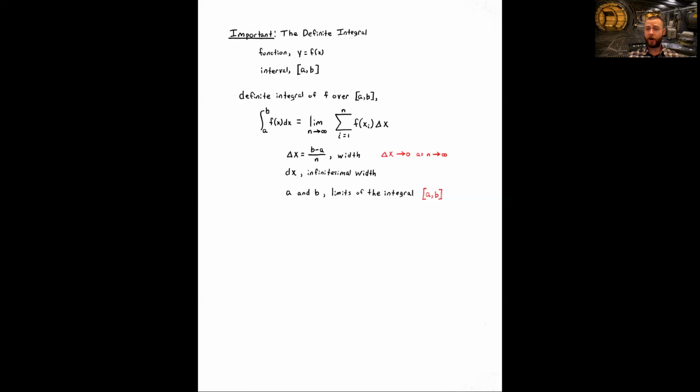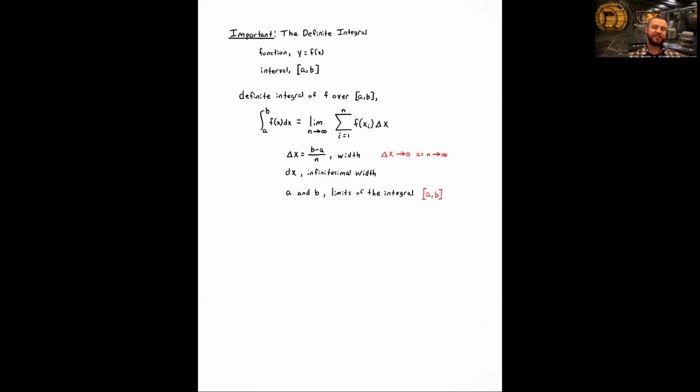Maybe it is small, like centimeters, millimeters, nanometers, but that is still something measurable. Now, what happens to the width, delta x, as the number of rectangles increases? Well, notice, since the n is in the denominator, the width is going to get smaller and smaller towards 0 as n approaches infinity. This is a little bit bizarre.